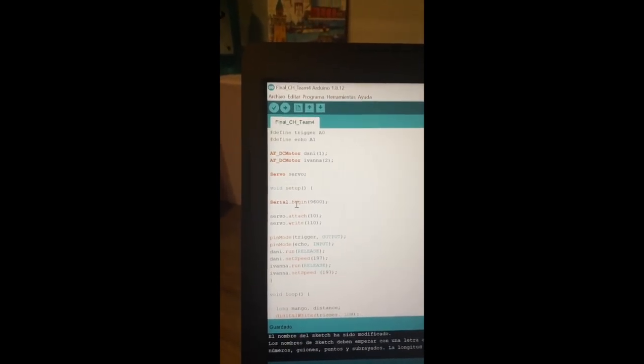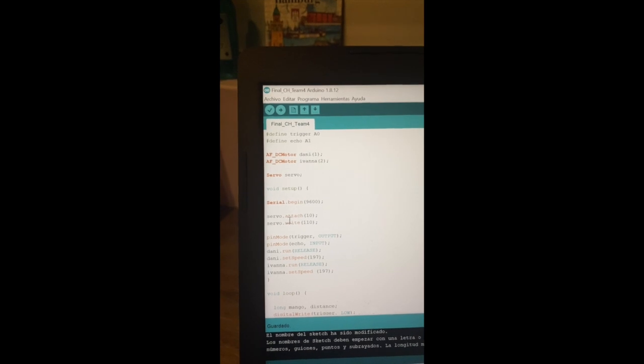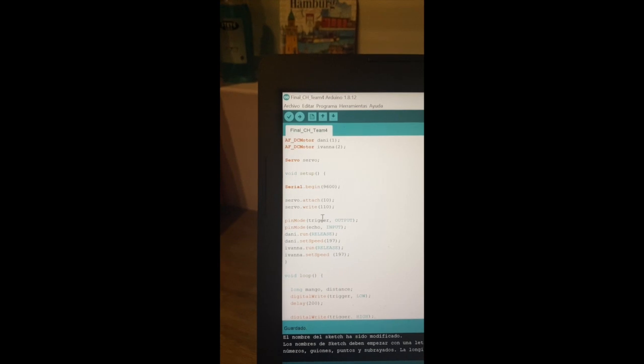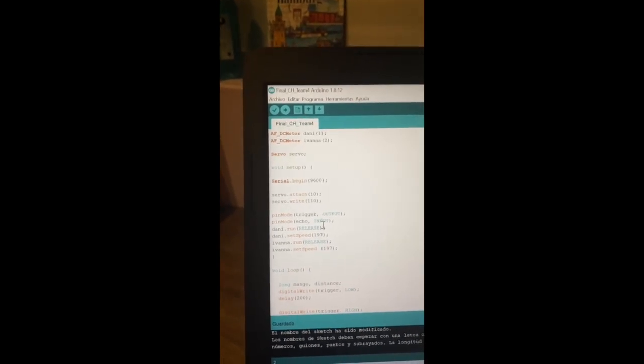In the setup, we're starting the serial monitor, and we are saying where we connected the servo motor and what it is gonna be doing. And we defined both of these as pins and outputs and inputs.